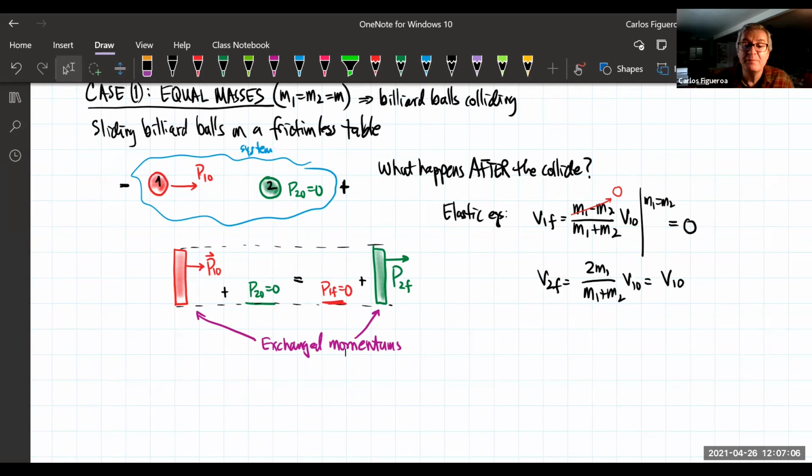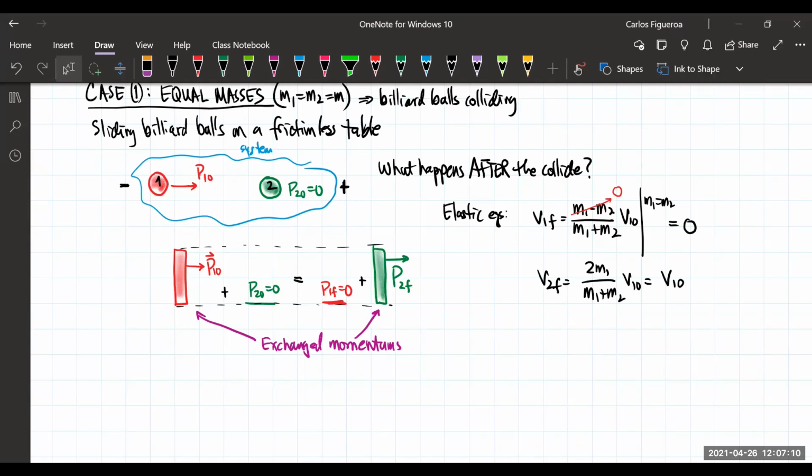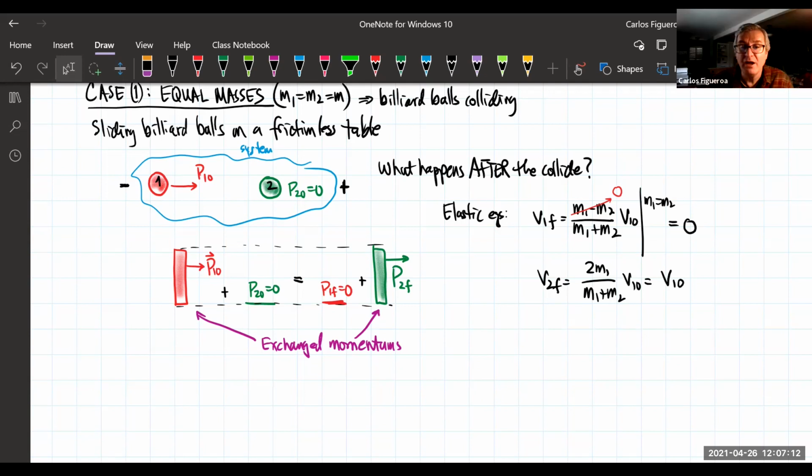Velocity is not fundamental. Mass times velocity is fundamental. That's a constant of nature, which I think is really surprising. Mass is not a constant of nature. Velocity is not a constant of nature, but mass times velocity in this context is.